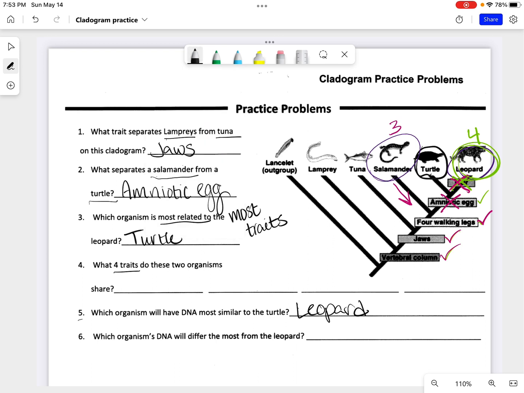All right, and we're on to our last practice question. This one is asking us which organism's DNA is going to differ most from the leopard. And this one is a pretty easy one. Anytime you're looking at most different, you're looking for least shared traits.